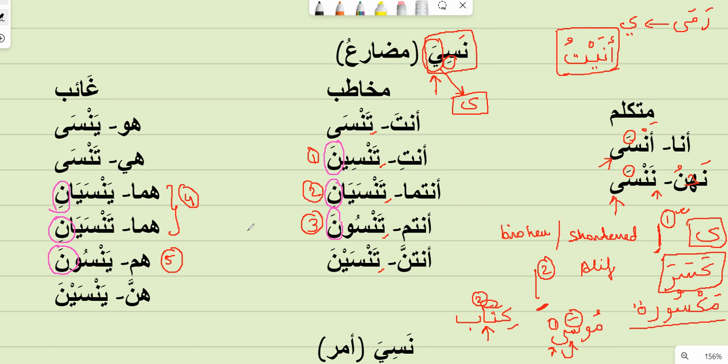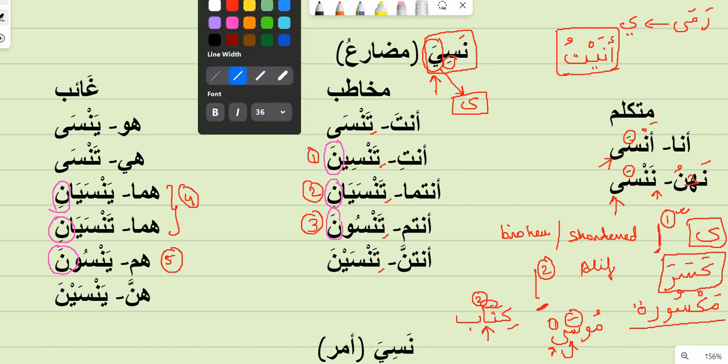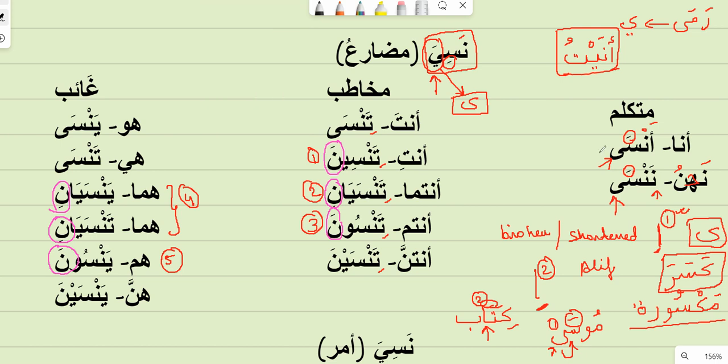And the second point: how many damir mustatir are there in fail mudare? I'll take another color. We have number 1, damir mustatir. Number 2, damir mustatir.